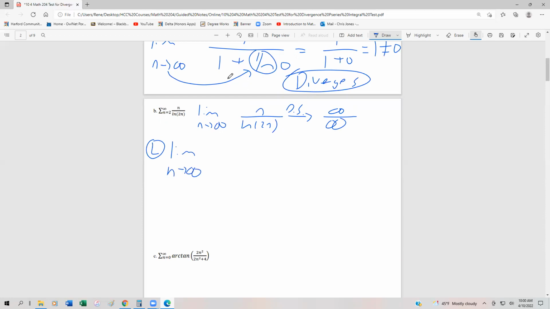And remember, L'Hopital's rule says you take the derivative of the numerator, which in this case is 1, and then the derivative of the denominator, which in this case is going to be 1 over 2n times 2, by our chain rule.